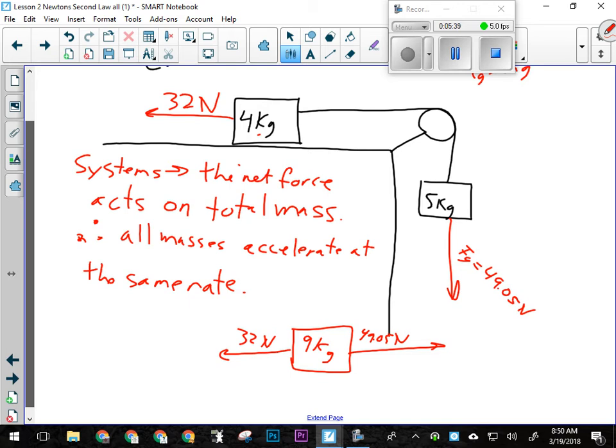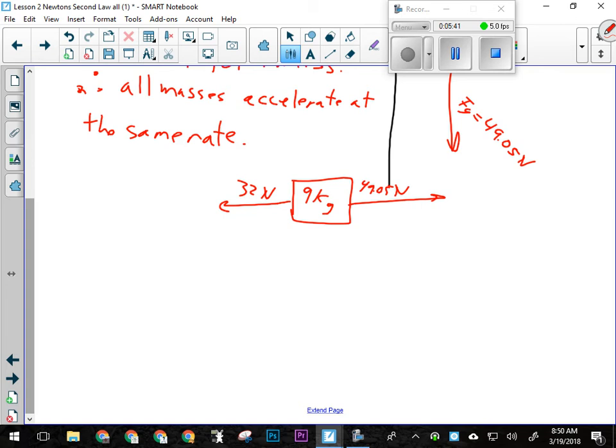Okay. What are the two ways to calculate net force? Stephen, what's one of them? M times A. Okay. What's the other one, Davis? What would I do with these two numbers?